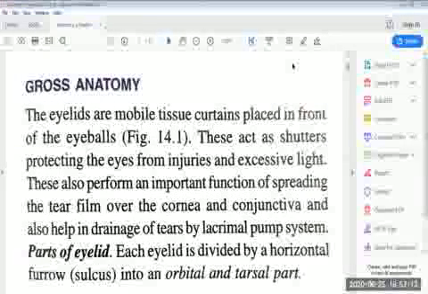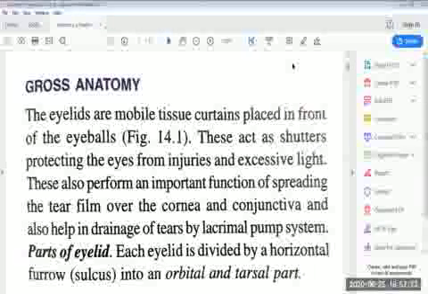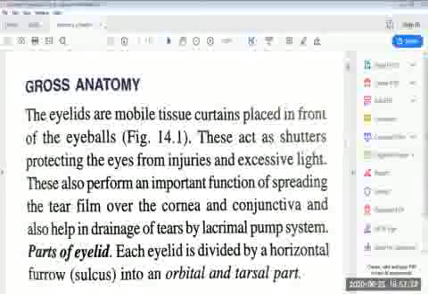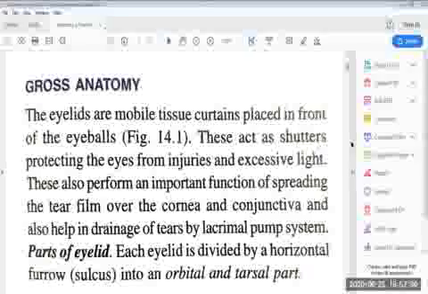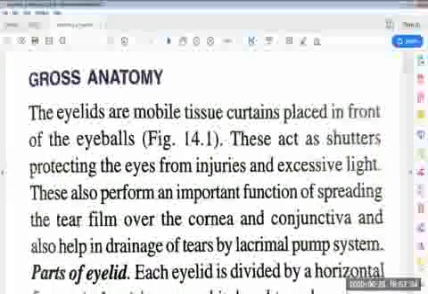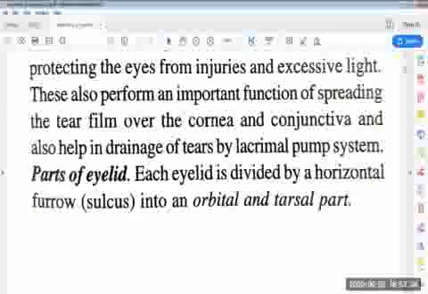The eyelids function in spreading the tear film over the cornea and conjunctiva, and also help in drainage of tears by the lacrimal pump system. Then the parts of the eyelid. The eyelid is divided by a horizontal furrow or sulcus into an orbital and tarsal part.